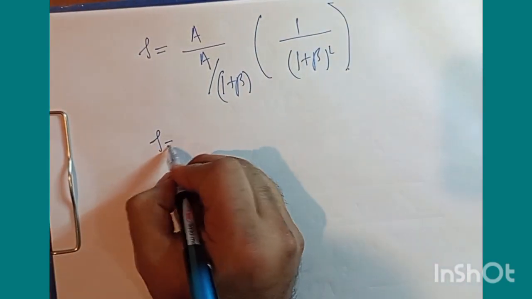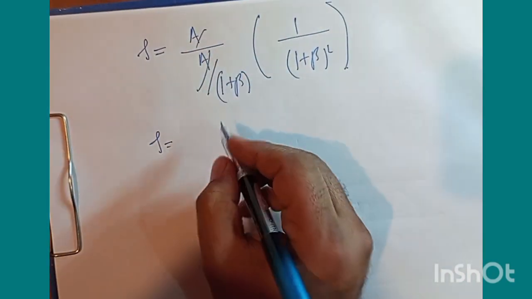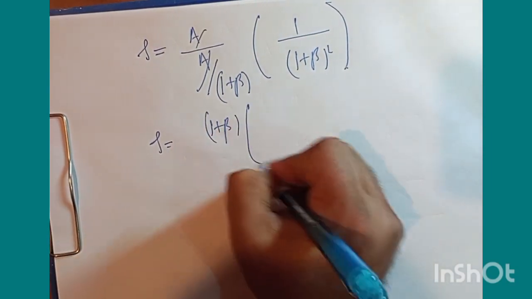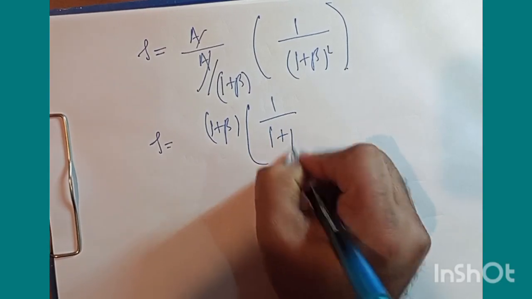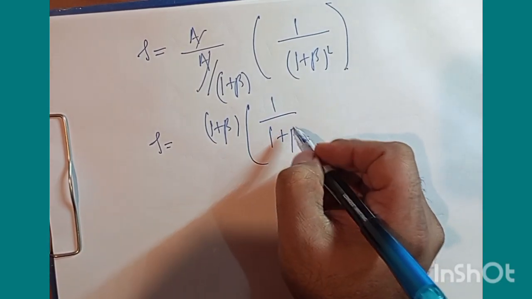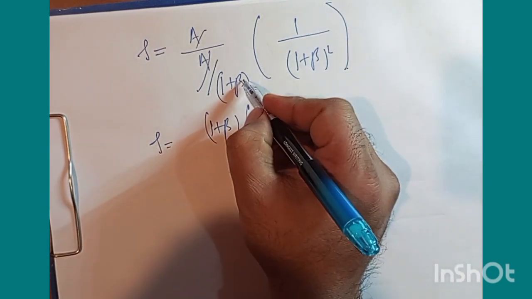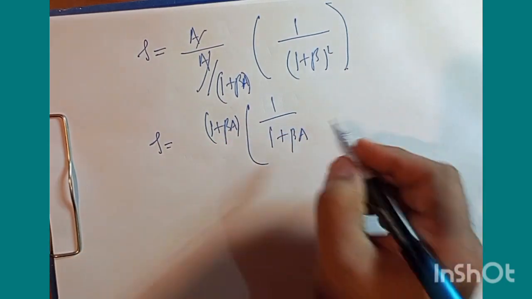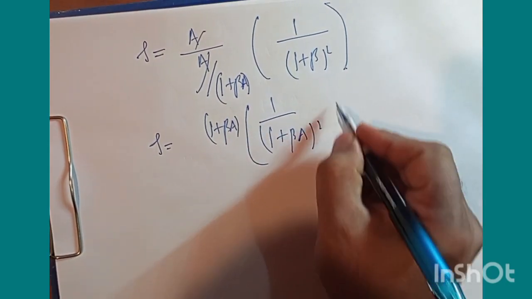So S will be, this A and A will cancel, this 1 plus beta A will go up, so this is 1 plus beta A, whole square.